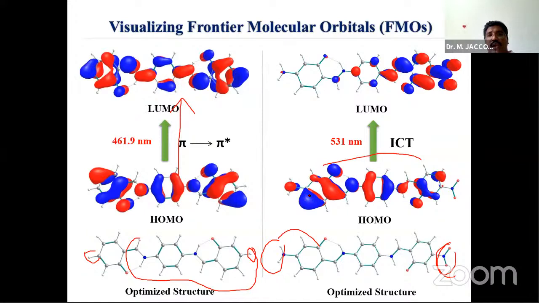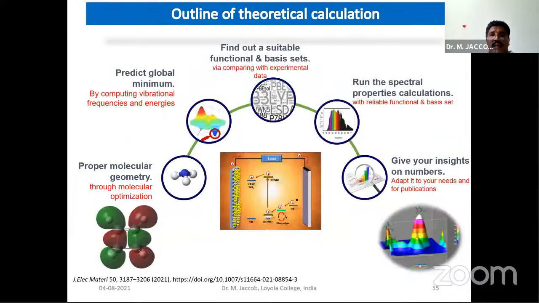This is the way we can tune the spectral property by computing. Then this is the final flow chart when you try to do DFT calculations.